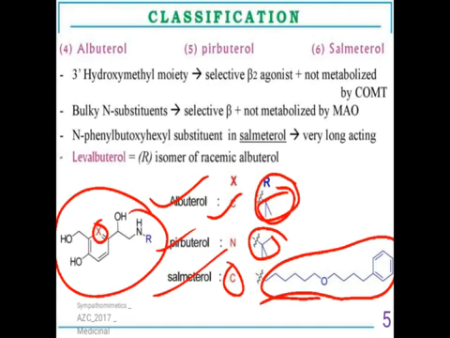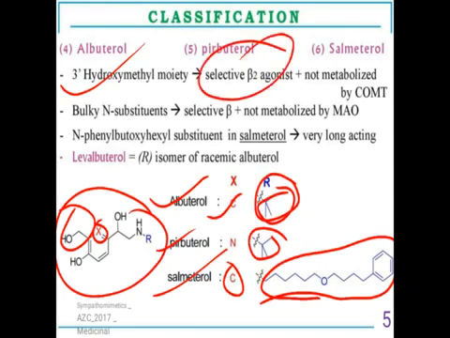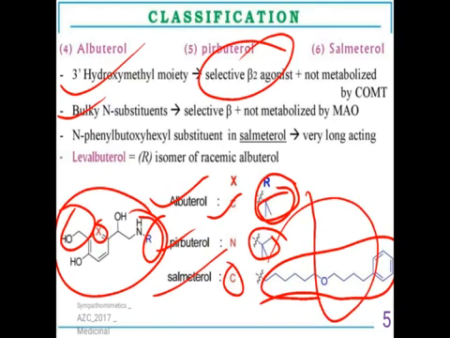All these structures have the CH2OH group instead of the hydroxy part, that is the 3' hydroxymethyl moiety. So the drug becomes more active towards the beta 2 receptor. So all these three structures are more agonistic towards the beta 2 receptor. Then, due to the bulky substitution, you can observe it becomes a selective beta 2 agonist.